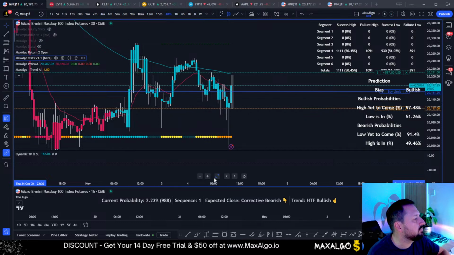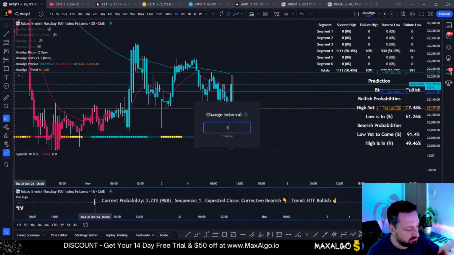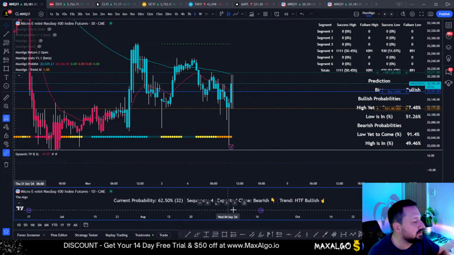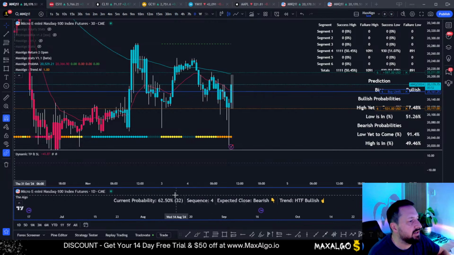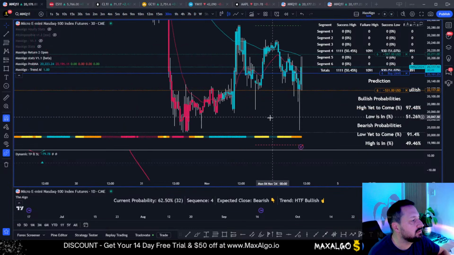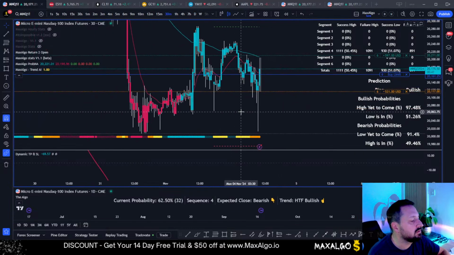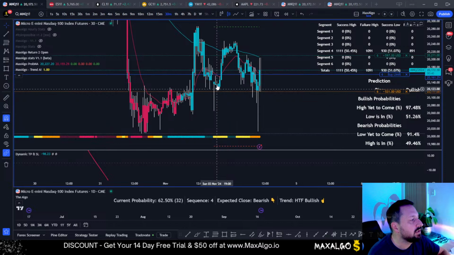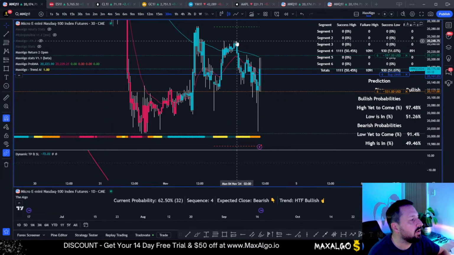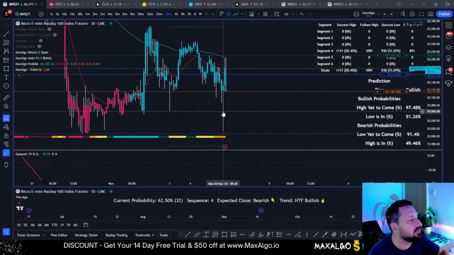That's what I'm doing. So we're expecting bearish. That was our open, right? So we put a high in. So I'd probably say, statistically, we're more likely to be bearish, right?